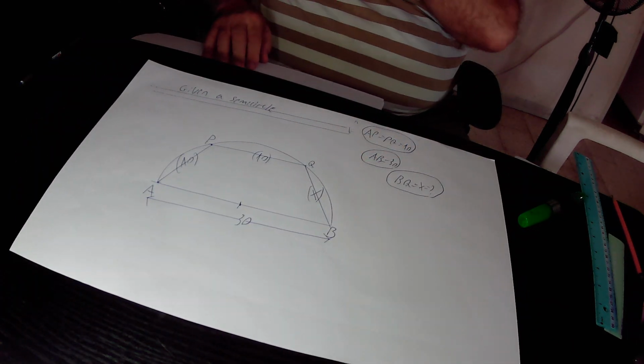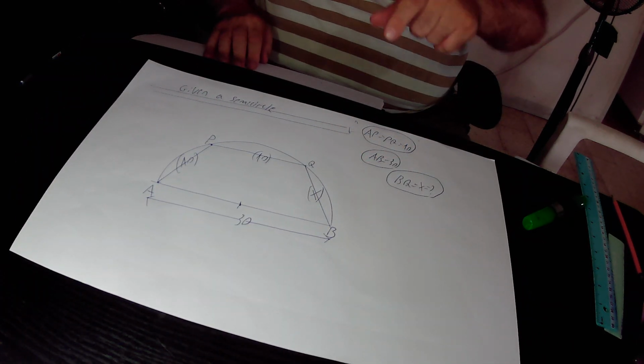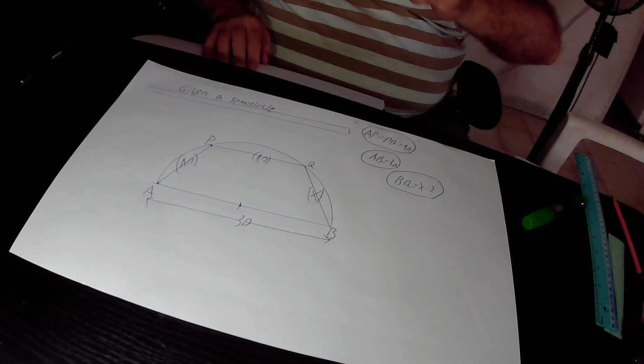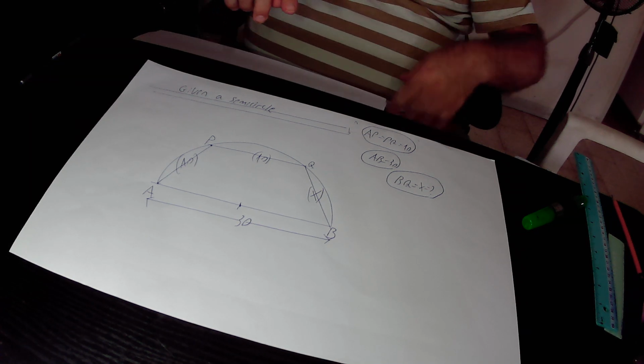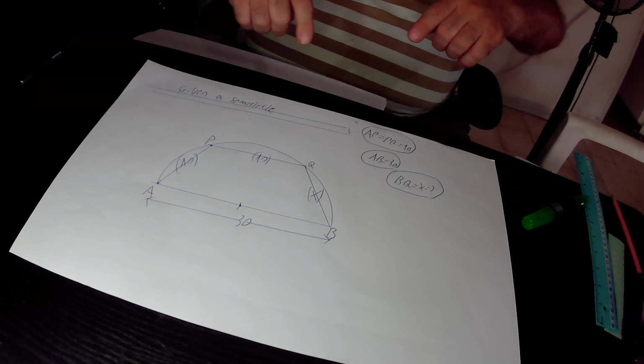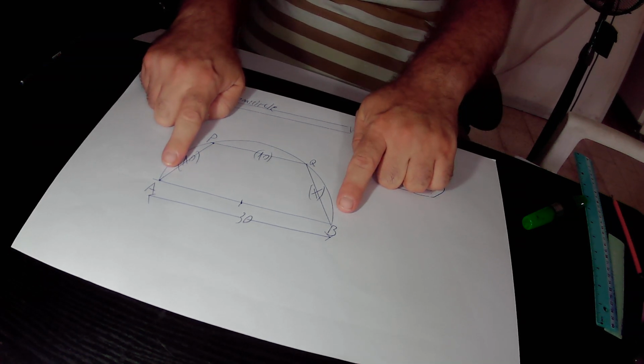Our mission in this second question is to find the length of this line segment QB that is equal to x. So we have to find the value of x. In the drawing we have a semicircle. Line segment AB is equal to 30 units in its length.